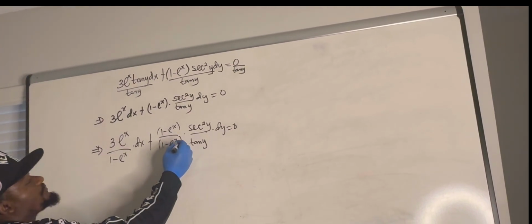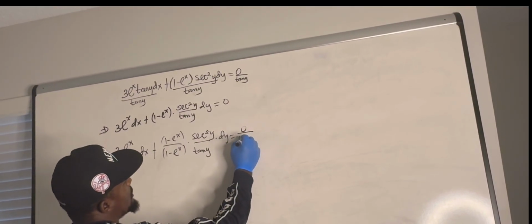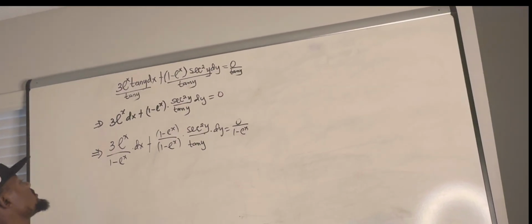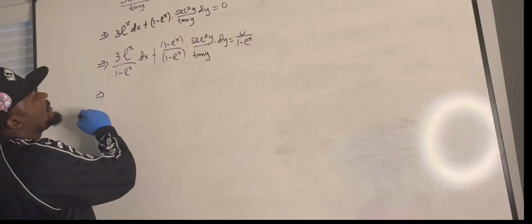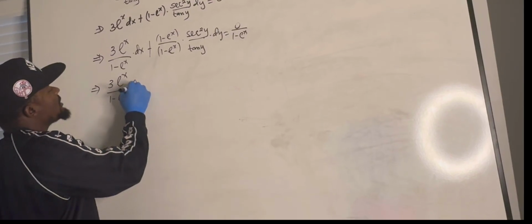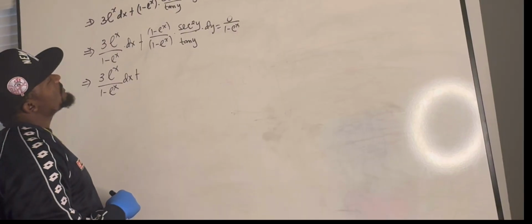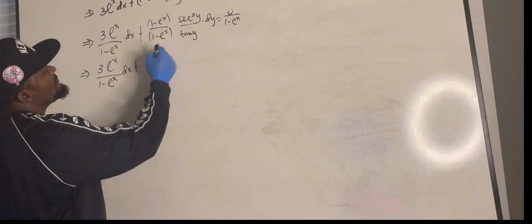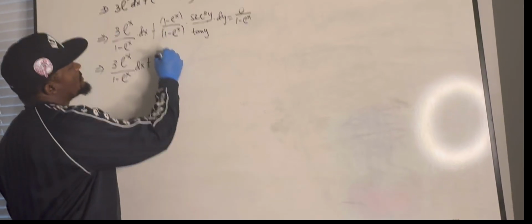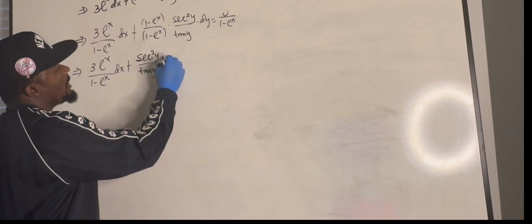In this case, this is 0 divided by 1 minus e^x. In this case, we realize that the left hand side becomes 3e^x divided by 1 minus e^x dx plus, this 1 minus e^x cancels out and we have sec squared y divided by tan y. Let me write that down. Sec squared y divided by tan y dy equals 0.